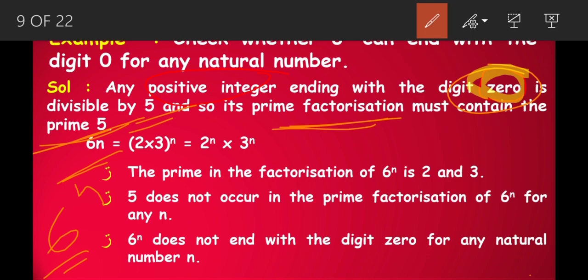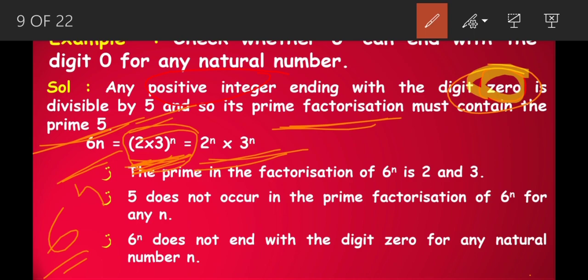But here 6 can be written as 2 into 3 as prime factors. So 6 power n is 2 into 3 whole power n. If we take the power for individual integers, it will become 2 power n into 3 power n.